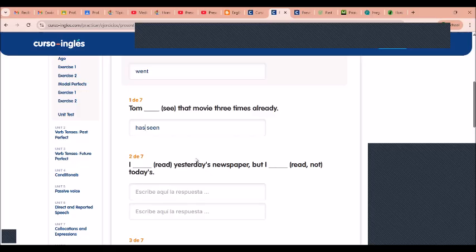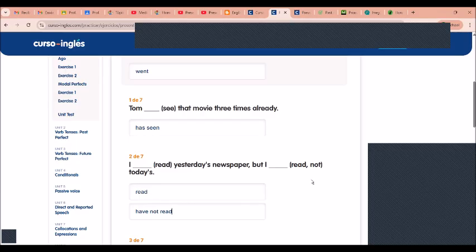Yesterday is past simple. I read yesterday's newspaper. Today tells me the time is not complete. I have not read today's. Repeat. I read yesterday's newspaper, but I have not read today's.